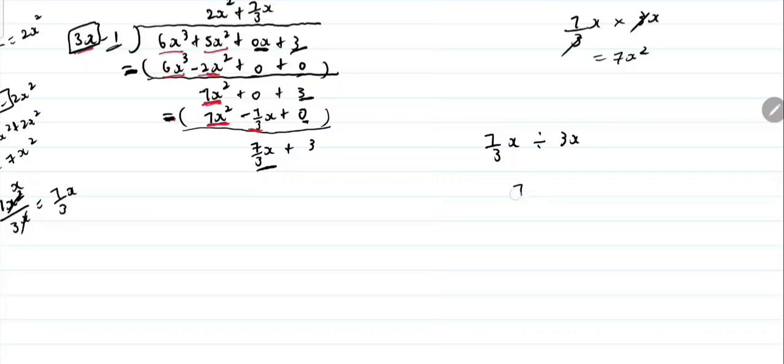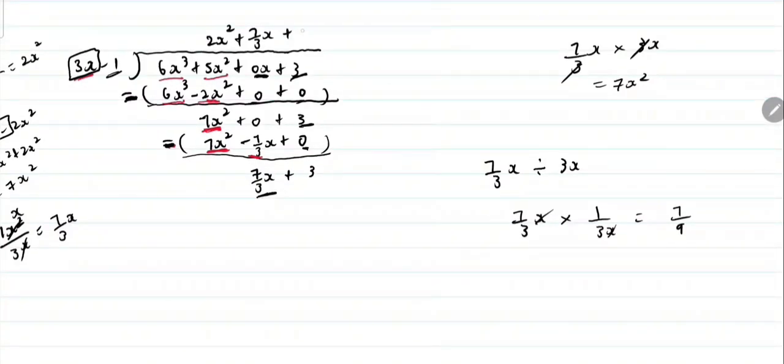Alright, this is the same as 7 upon 3x multiplied by 1 upon 3x, right? x and x cancel out to give me 7 upon 9. Right? So I put 7 upon 9 at the top here. 7 upon 9 multiplied by 3x is going to give me 7 upon 3x. 7 upon 9 multiplied by minus 1 is going to give me minus 7 upon 9.